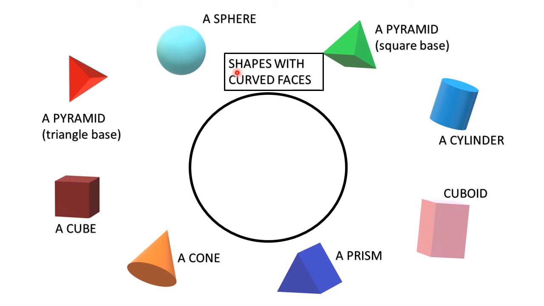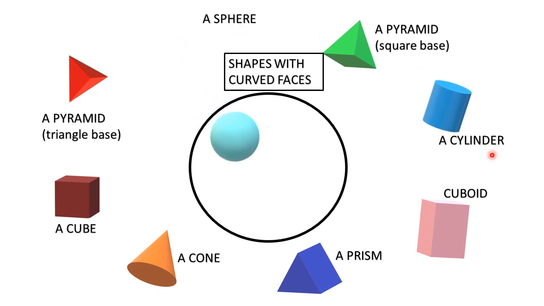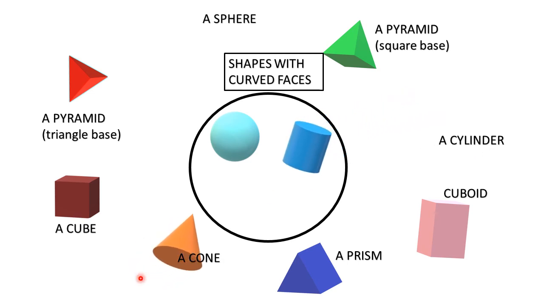A. Sort shapes with curved faces. The shapes with curved faces are the sphere, the cylinder, and the cone. As you can see, they have curved faces.